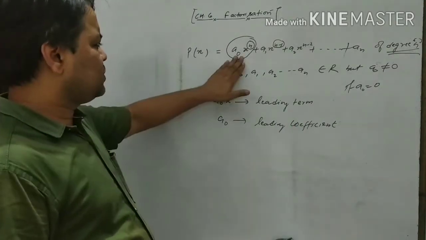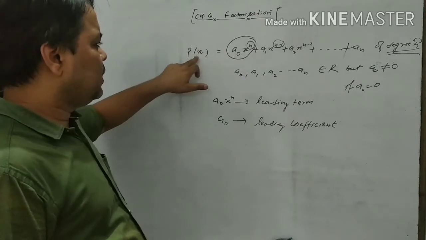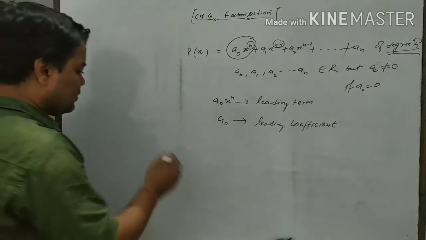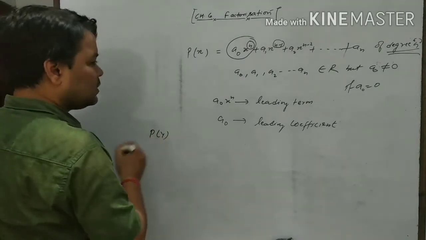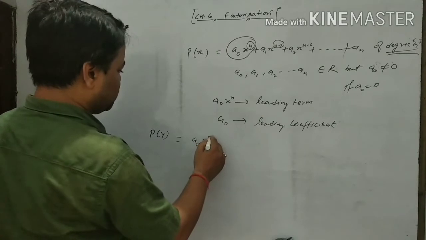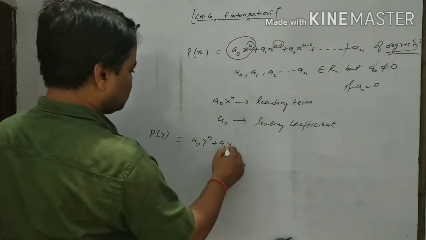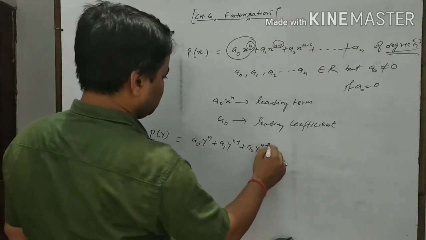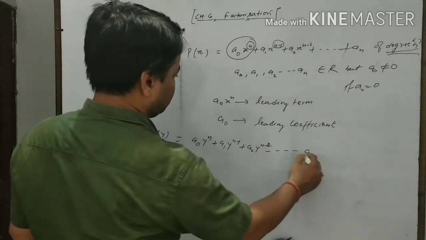P for polynomial, here x means the polynomial in variable x. If I write Py, then the polynomial will be this way: a0 y raised to the power n plus a1 y to the power n minus 1 plus a2 y to the power n minus 2 up to an.